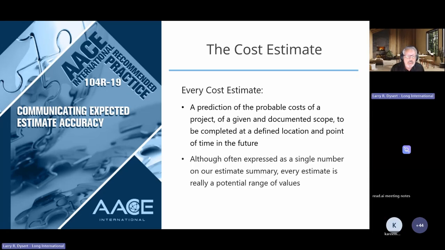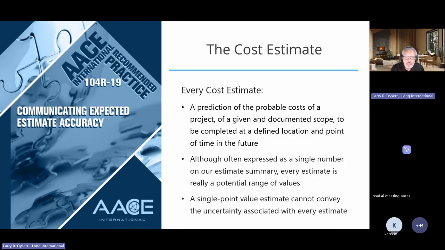Every estimate should really be considered a potential range of values. And any value within that range may be selected as the funding value by management. But that single value can never convey the uncertainty that's associated with every estimate or every prediction of value.